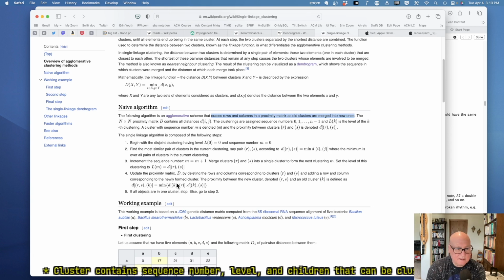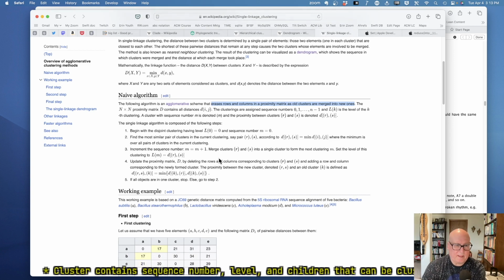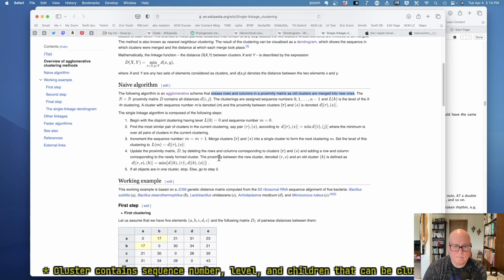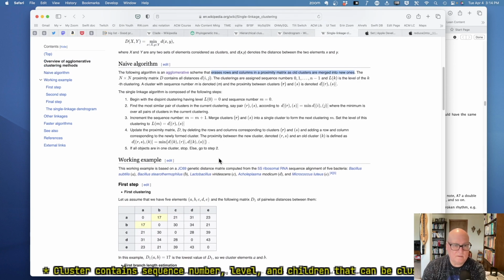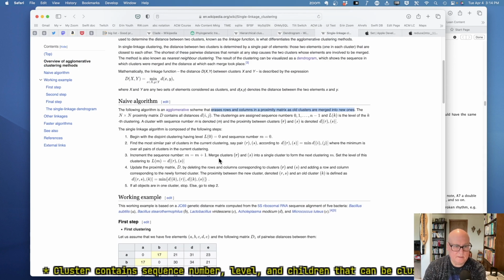An old cluster K is defined by that. I think that's not different than this. Well, let's try this proximity matrix.